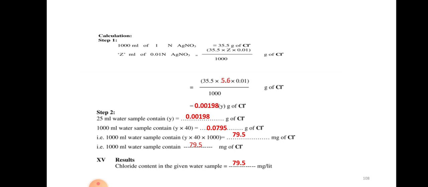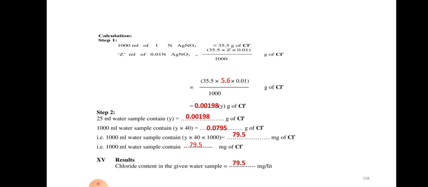This is the calculation part. First, we find that 1000 ml of 1 normal AgNO3 gives 35.5 gram of Cl minus. So when the reading is 5.5, it goes to 0.00198 gram of Cl minus.